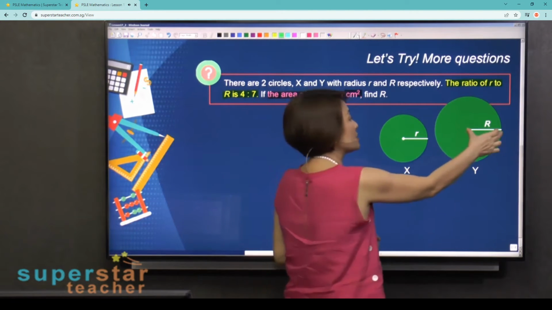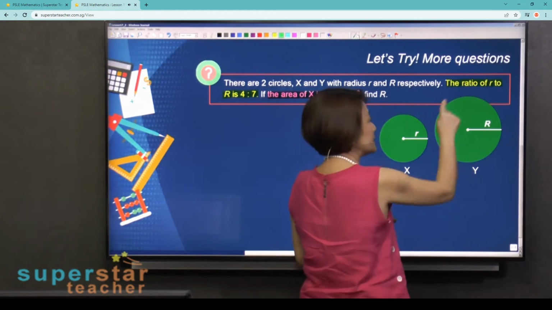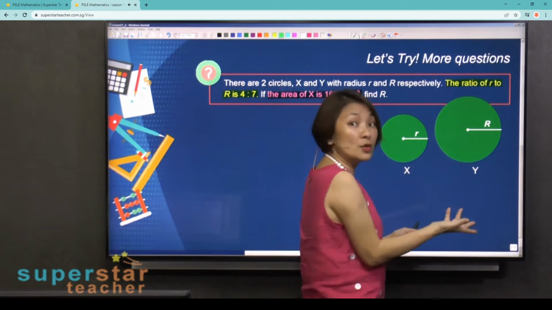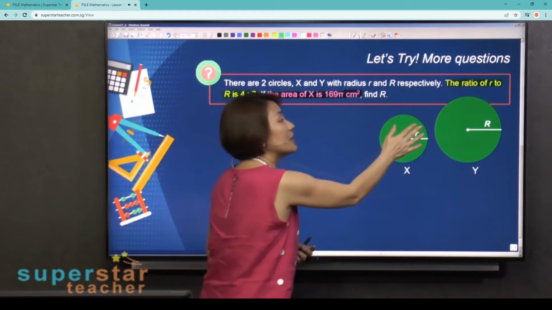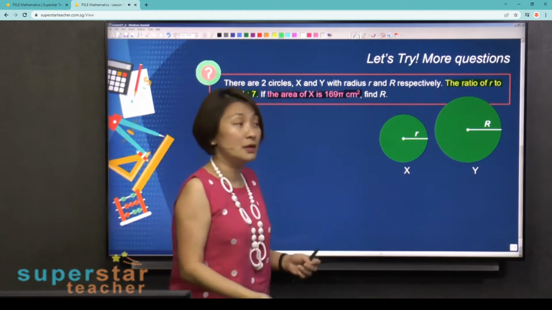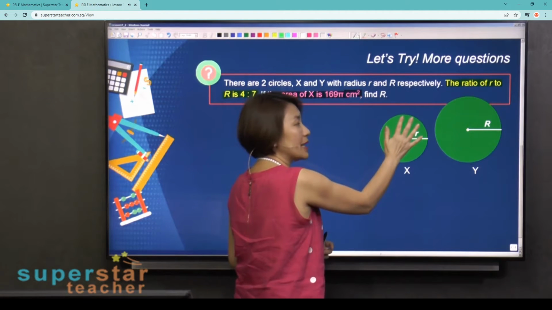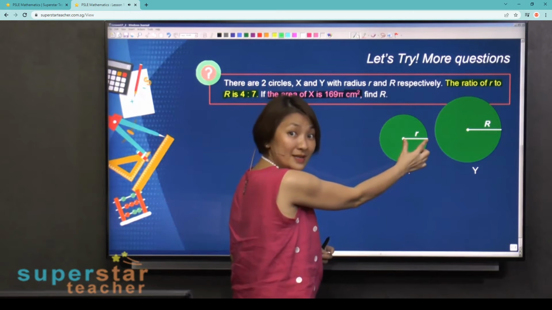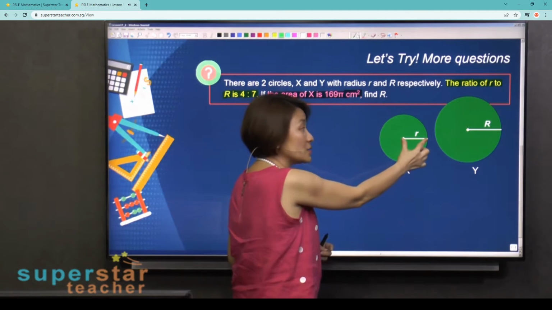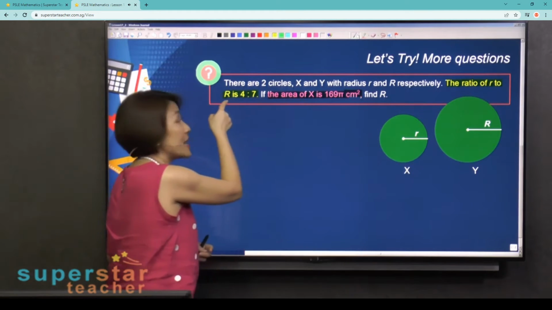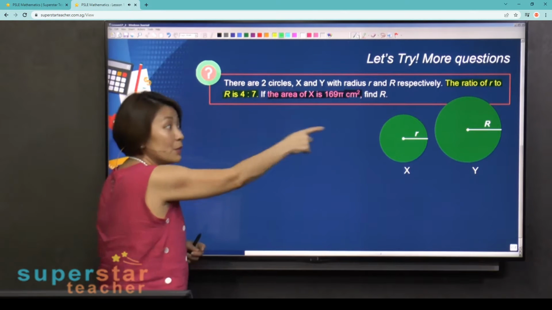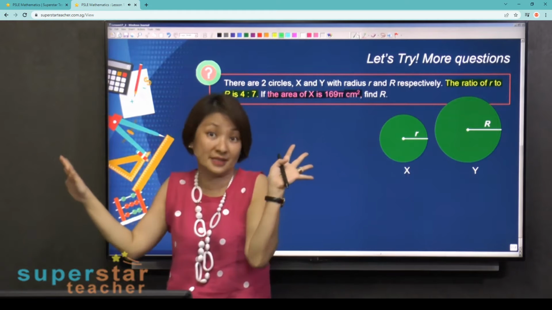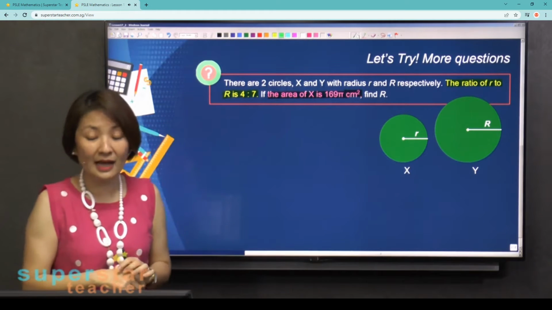The easiest way would be if I knew the perimeter or the area of this circle, but all I know is the area of this circle. So how does it help? It can help me find the small radius. If I know the small radius and the ratio of the small radius to the big radius, then I will be able to find the big radius. So this is my blueprint, that plan. Then I will write it out.